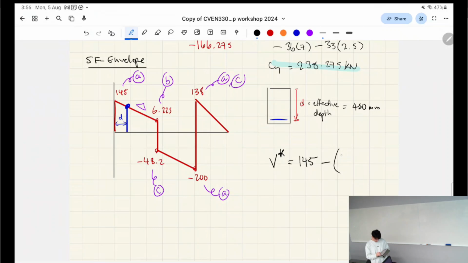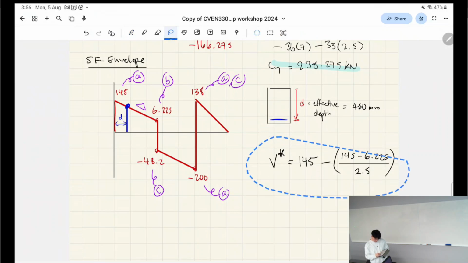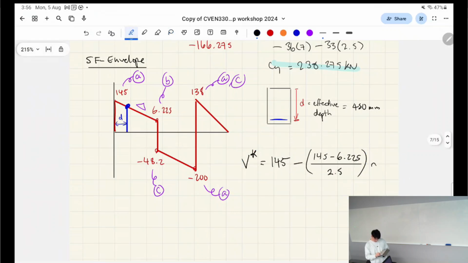So rise, I already have a subtract here, so over, goes over 2.5 meters, I believe. And we have to multiply it by that distance, right? This distance, right, are we gonna chuck in 450?